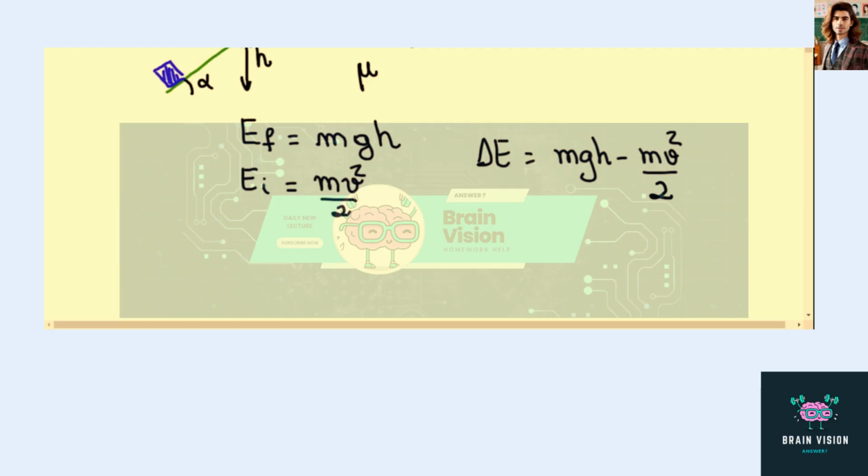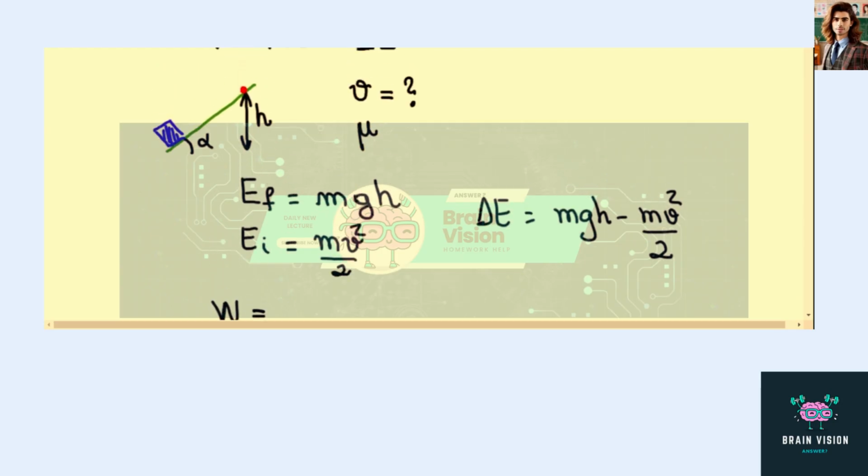Now the work done on the system is done by the friction force. And what we need to remember is that the forces acting on the block are the gravitational force and the normal force.